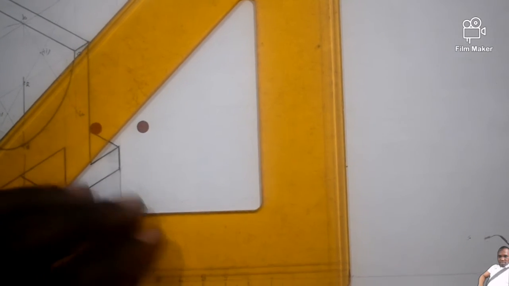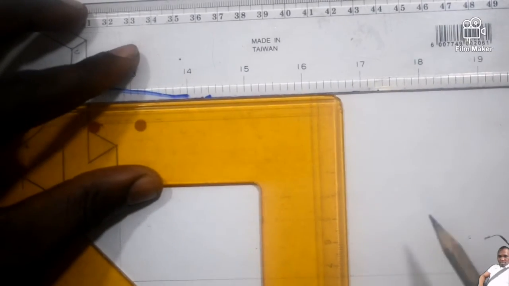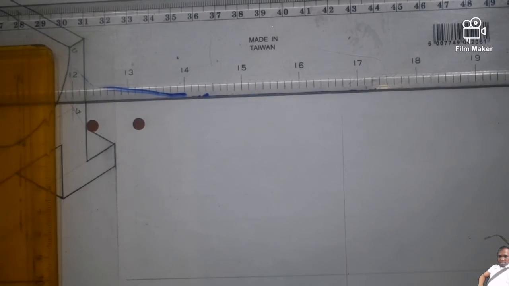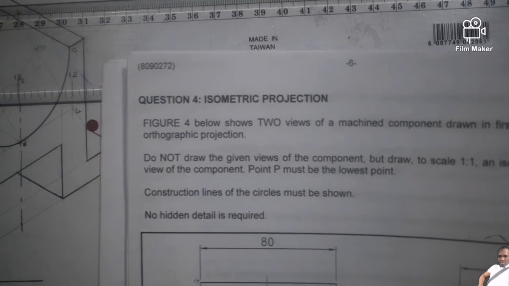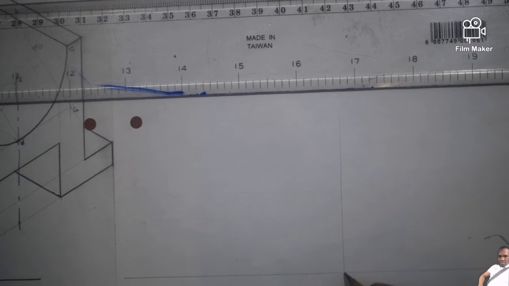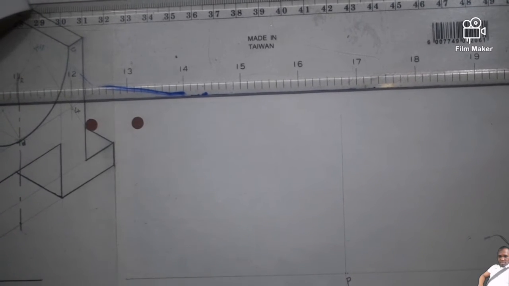So which means it must form angle 90, isn't it? So there we go, perpendicular against it. When they're saying point P must be the lowest point, that P they are talking about is where these two lines are perpendicular to each other. So I'll have that point and I'll give it the name P.